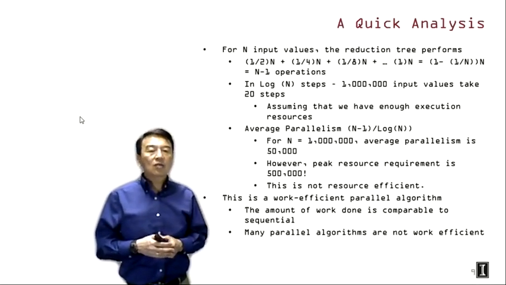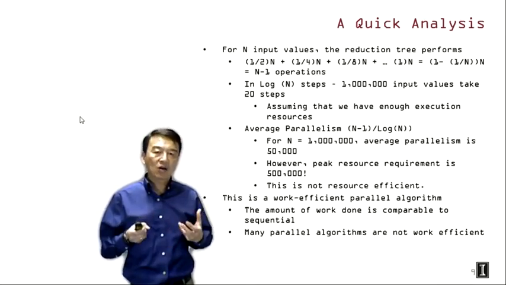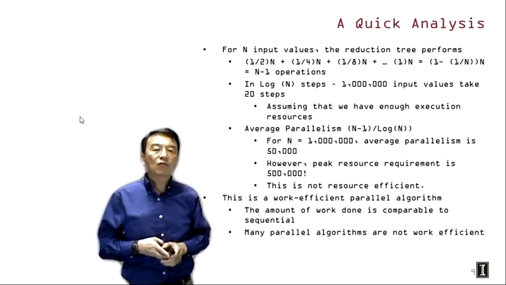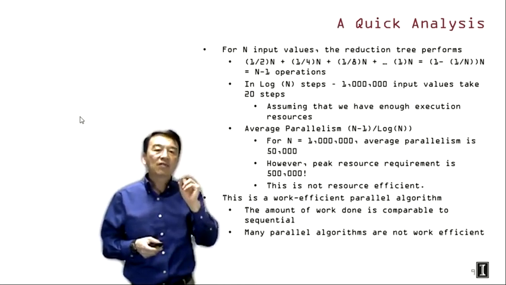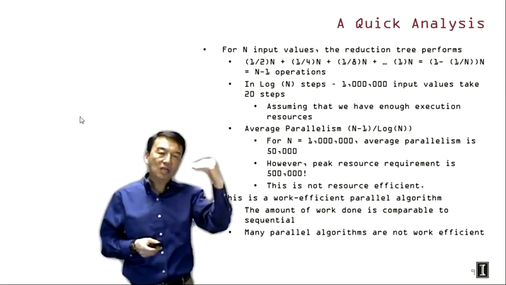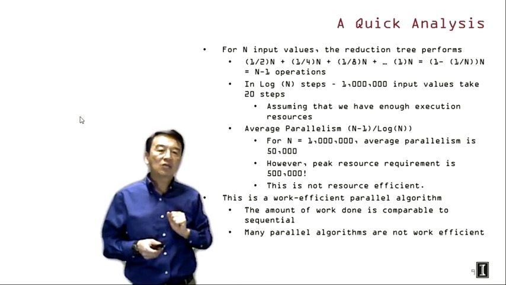So let's do a very quick analysis of that parallel algorithm. So for n inputs, the reduction tree performs in the first step half n number of operations, because we're doing them on a pairwise basis. And after that step, we have half the number of data values remaining.